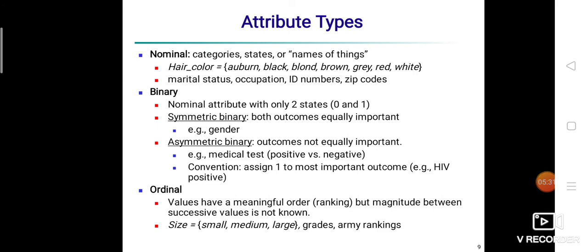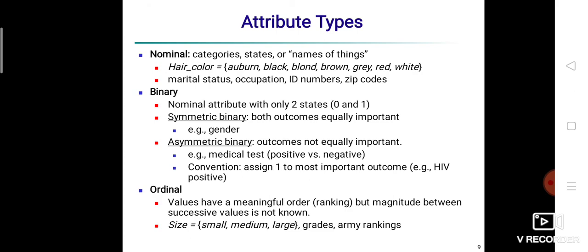One such type of attribute is binary. Binary attributes are associated with only two states. They can be symmetric binary or asymmetric binary. So what is symmetric binary? If both the outcomes are of equal importance, for example gender, male and female, they both are equally important.